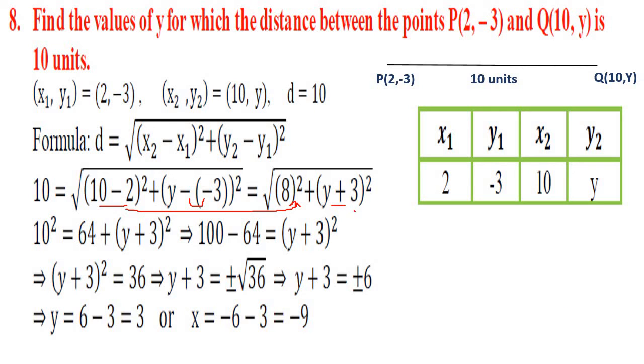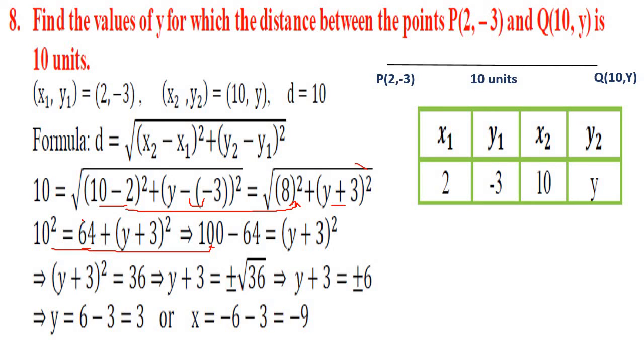Let us remove the square root. If we square both sides, it becomes 10 square, and the root gets cancelled. 8 square is 64 plus (y plus 3) whole square. The value of 10 square is 100.